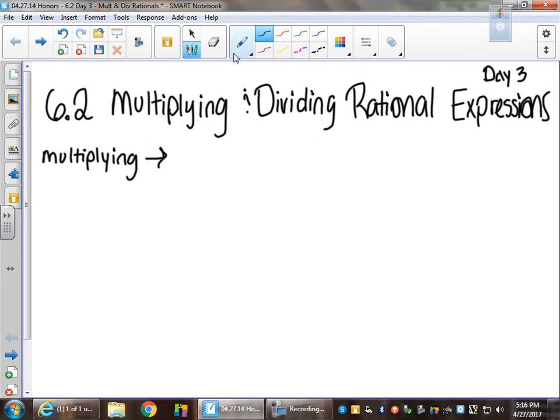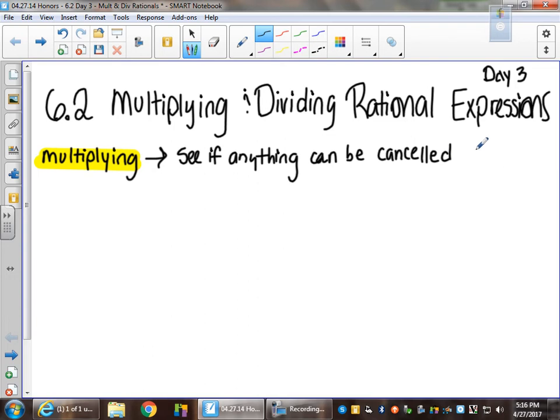So if we're multiplying, we want to see if anything can be canceled or factored first.